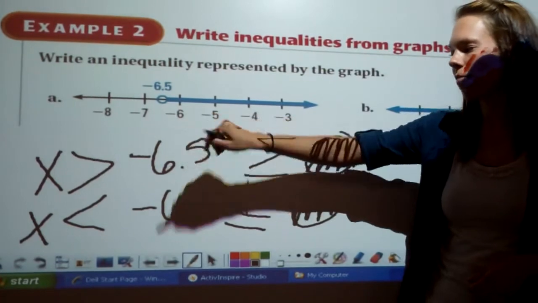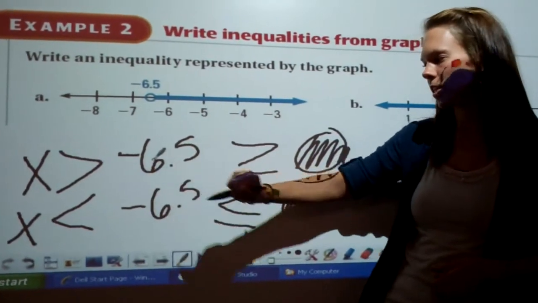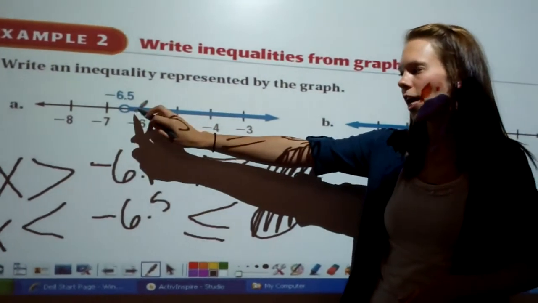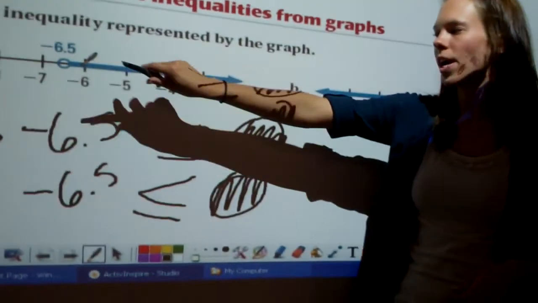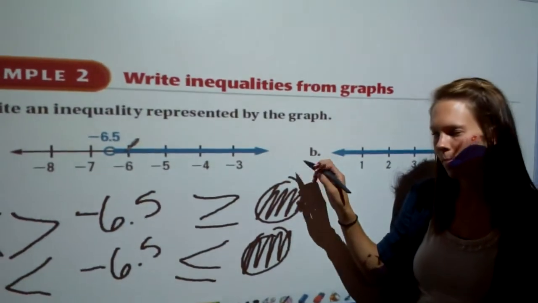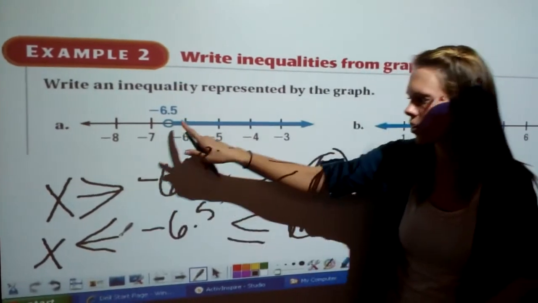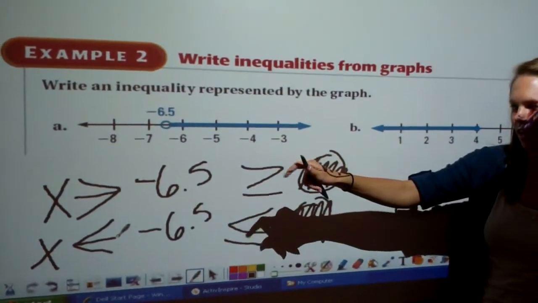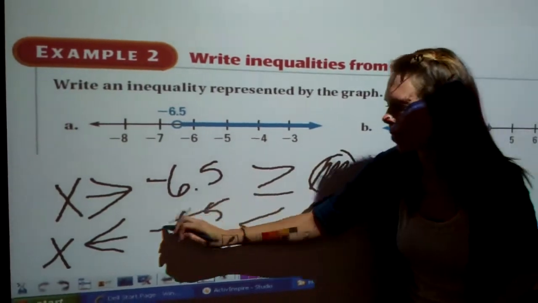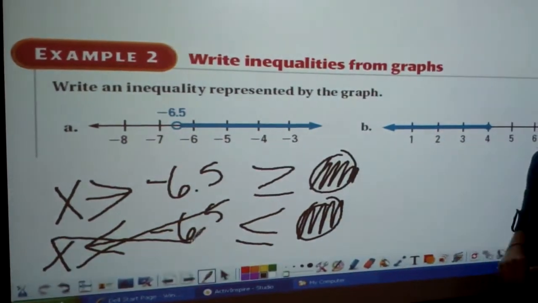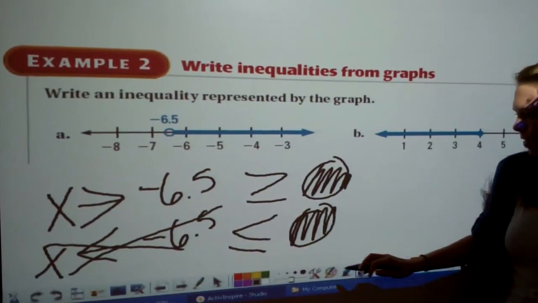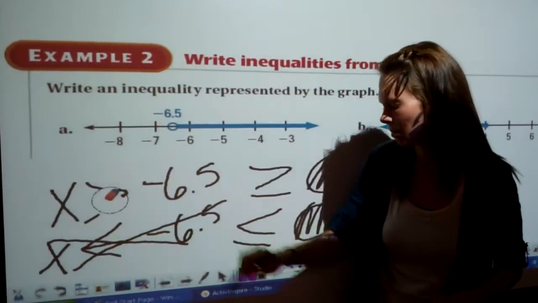Now we need to choose which one of these is the correct answer. To check it, we look at our arrow. When we draw our arrow, is our line pointing up or is it pointing down? Here, it's pointing up. So our answer is x is greater than negative 6.5.